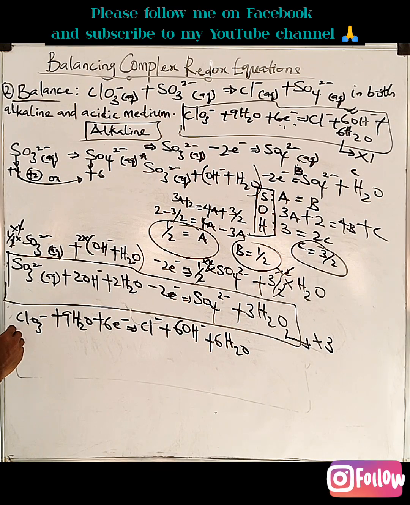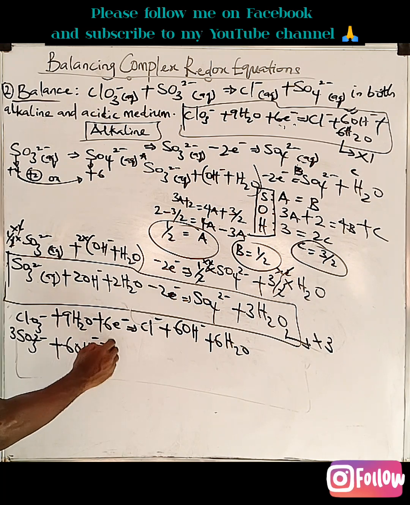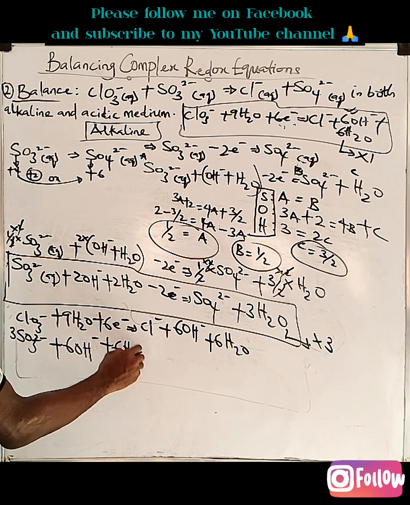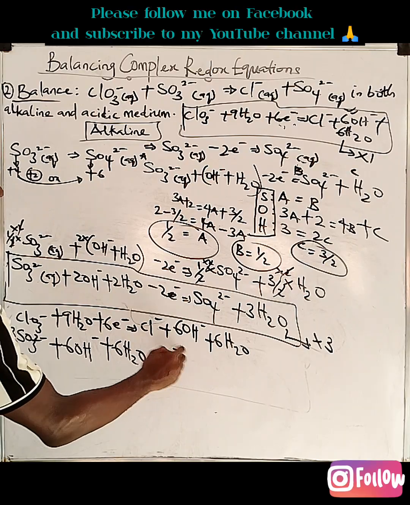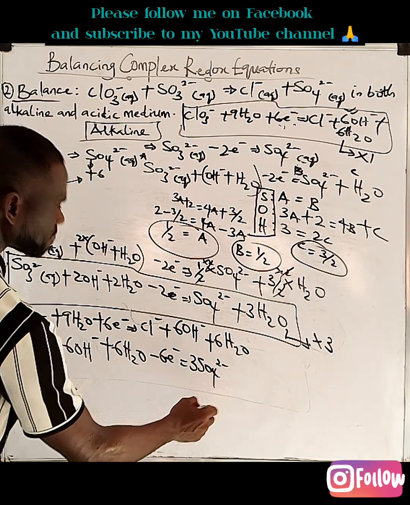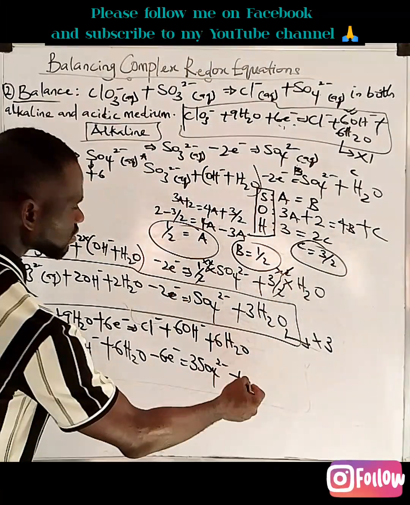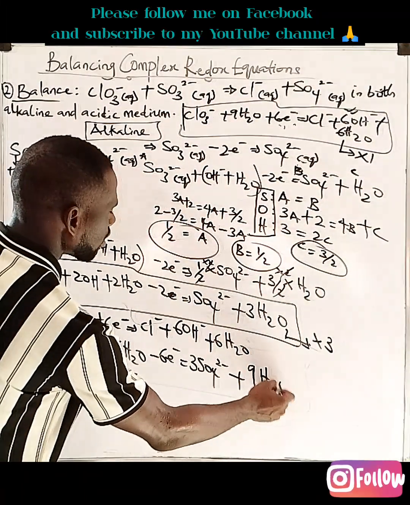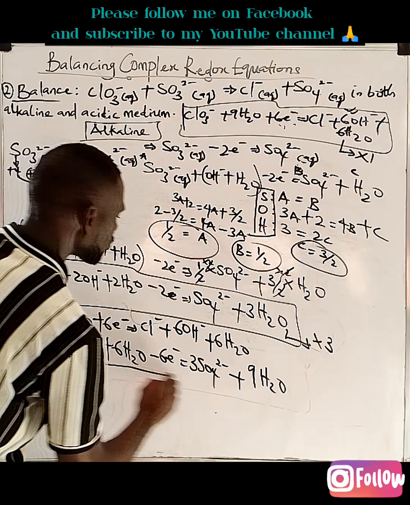That's going to give us 3SO3 2 minus plus 6 hydroxyl ions plus 6 molecules of water, then minus 6 electrons, equals 3SO4 2 minus, then plus 9 molecules of water. So you're good to go.